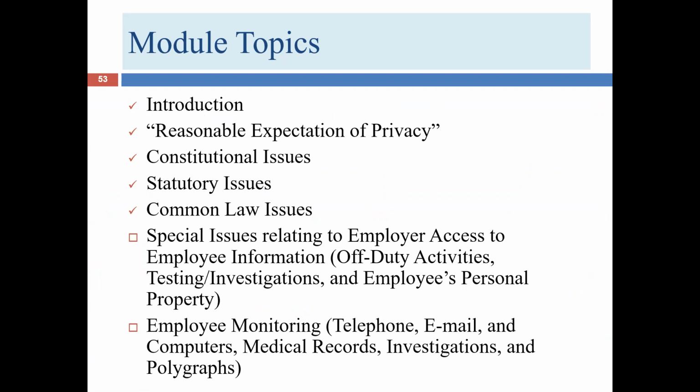In this presentation, we concluded the constitutional issues related to government employment. We talked about the federal statutes that apply to both federal, state, local, and private employment. And then we talked about the common law issues, and this is the main area that employees have protection. In future presentations, we will finish the module and talk about these additional topics.